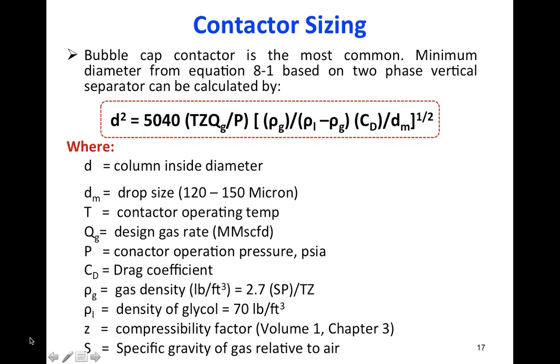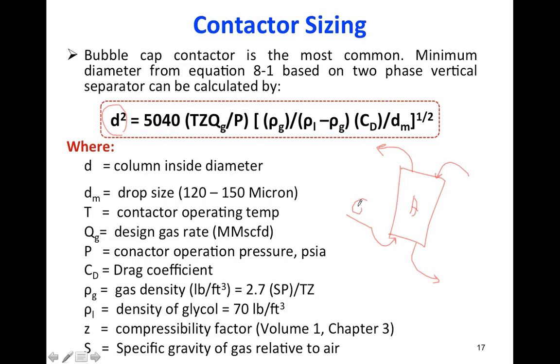For the design of the contactor, design for now means the diameter of the absorption column. I have my wet gas, lean glycol, dry gas, and rich glycol.